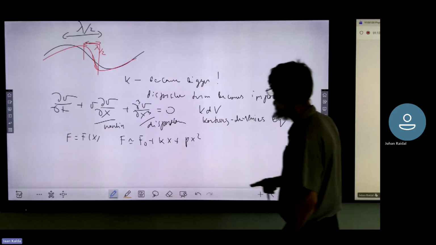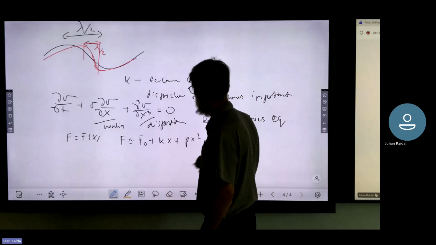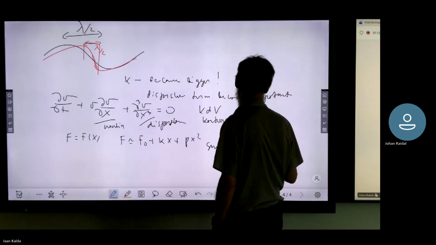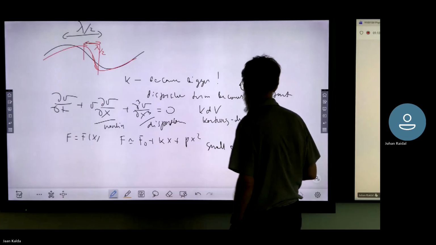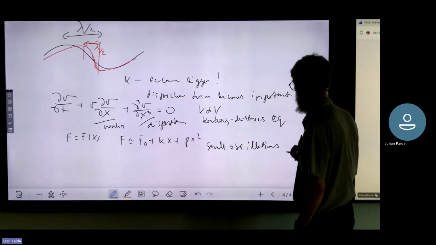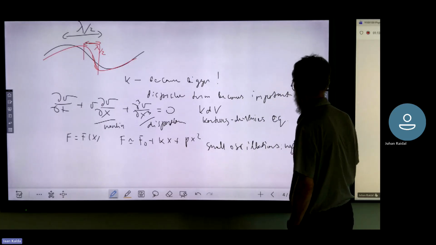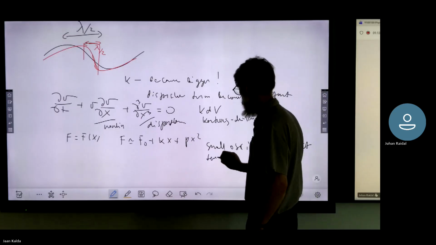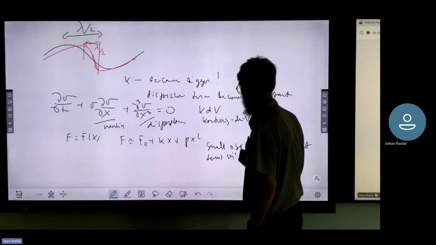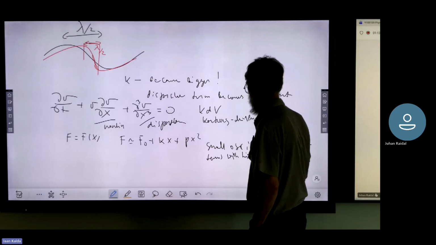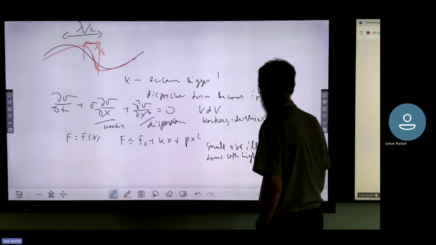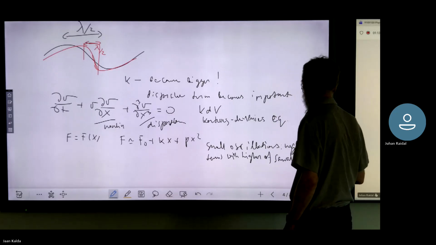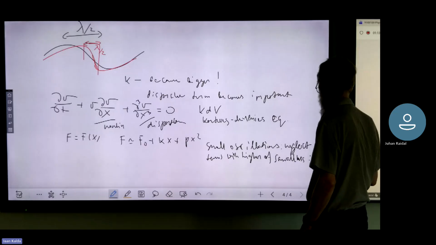Now, if you have small oscillations, then neglect terms with higher order of smallness, which means that the x squared term is going to be neglected.